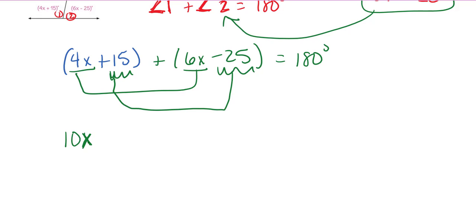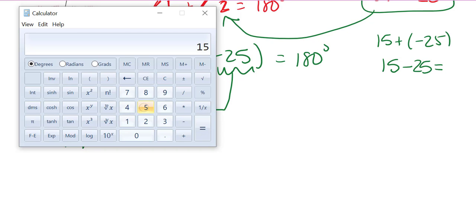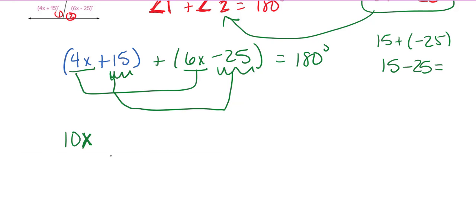Then we have 15 plus negative 25, which is the same thing as 15 minus 25. We can get our calculators out: 15 minus 25 is equal to negative 10. We have minus 10, which is equal to 180 degrees.